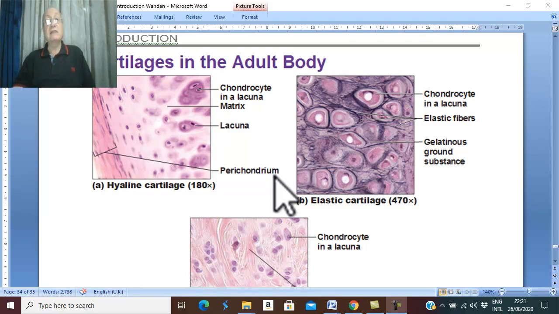What are the sites of hyaline cartilage? Remember with me, when we took the bone, we took the methods of ossification. What are the methods of ossification? Intramembranous, not important now.